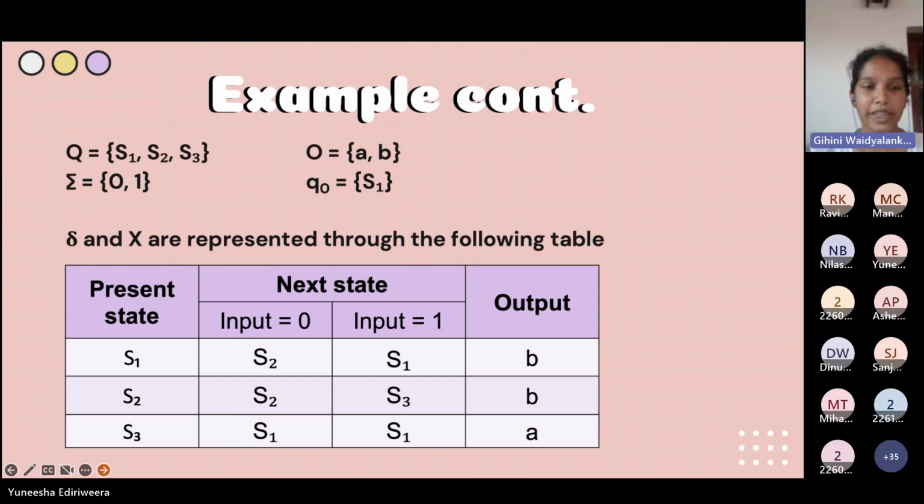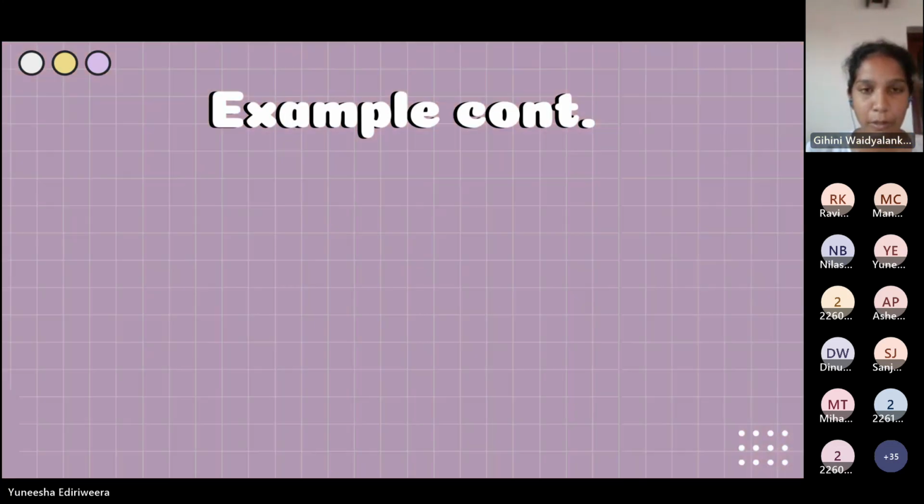So this table that I have given below once again represents both the input functions as well as the output functions. If I take one instance, let's take our present state as S1, the output relevant to it should be output B, no matter whatever the input is. So let's move on to the next slide.